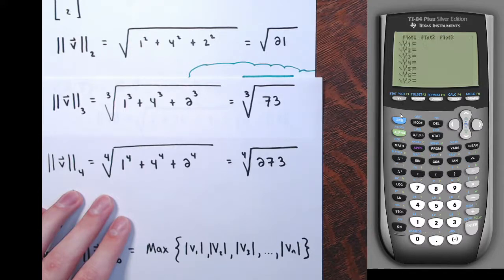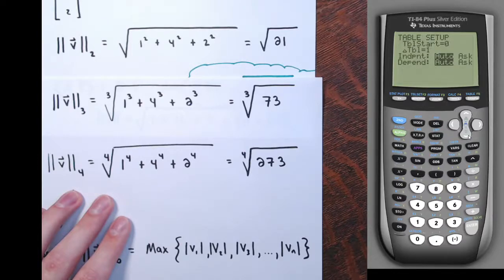Let's do this: y equals the square root of 1 to the x plus 4 to the x plus 2 to the x, and then just change the value of x. Then I go to my table setup.